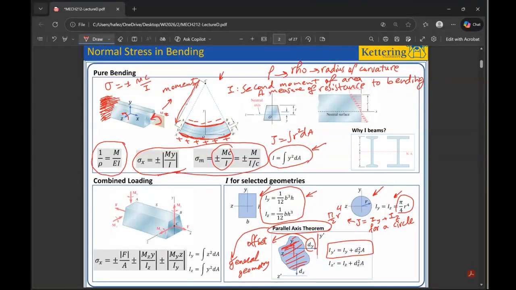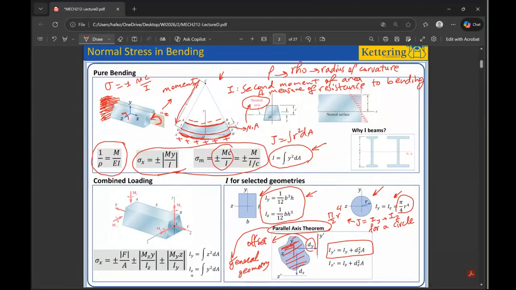All right. So if on one face you have negative and on the other face is positive, then because of continuity of the material on the cross section, there should be a fiber in the cross section that remains inextensible. It's called the neutral axis. Somewhere in here, this neutral axis is given.